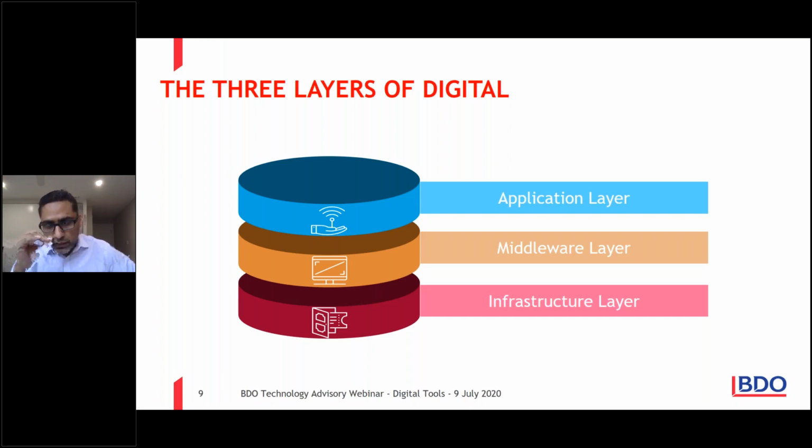So we will cover each of those layers: what's happening in the application layer, what's happening on the middleware layer, and what's happening on the infrastructure side of it. We will cover two parts, the whole of customer journey along with all the supporting capabilities, and then for each one of them we'll get into the next level, which is around the application, middleware, and infrastructure.